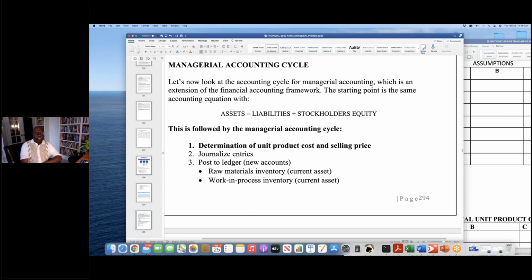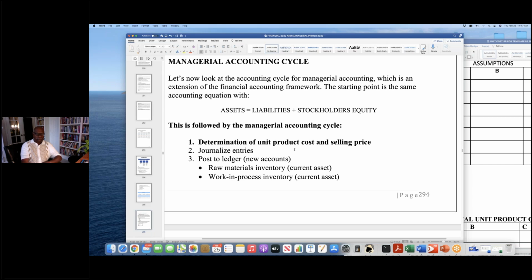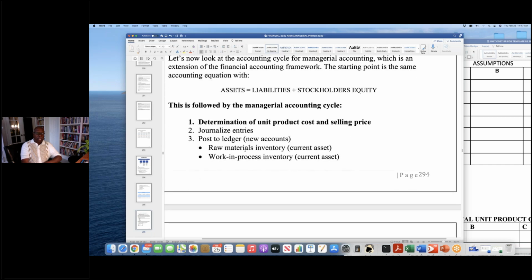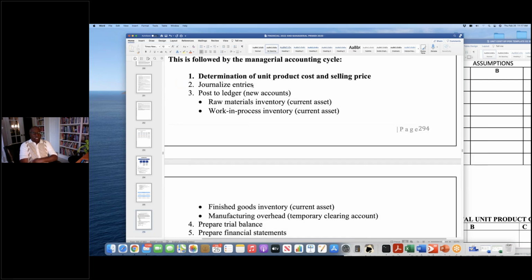If this is incorrect, that's why we're spending this whole week on it, and you will have a 15-minute quiz on this on Tuesday at 11:15. Because if you mess this up, you're going to start to mess up these journal entries, everything else.